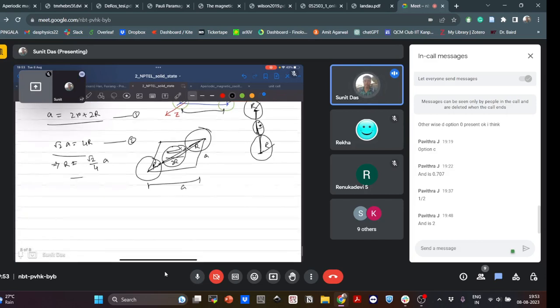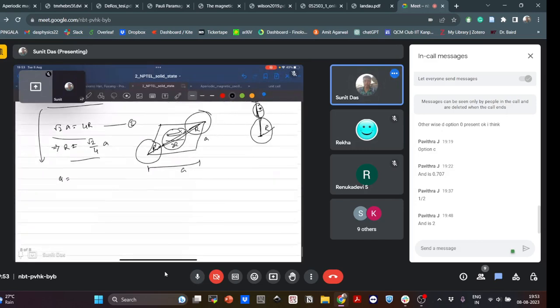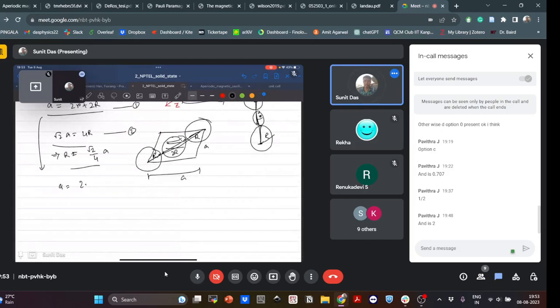Now we put this information into equation 1, then a equals 2r plus root 2 by 4 a, right?